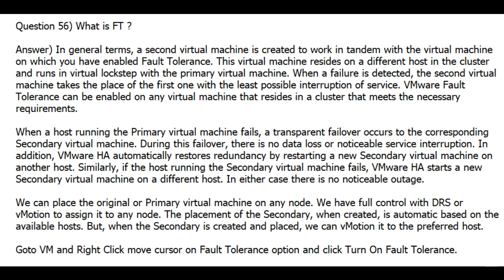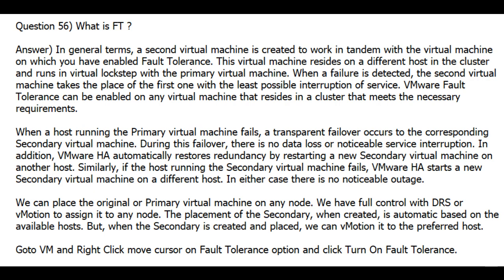VMware fault tolerance can be enabled on any virtual machine that resides in a cluster that meets the necessary requirements. When a host running the primary virtual machine fails, a transparent failover occurs to the corresponding secondary virtual machine. During this failover, there is no data loss or noticeable service interruption.